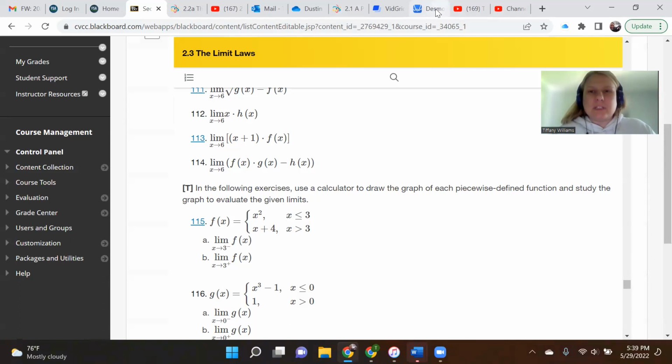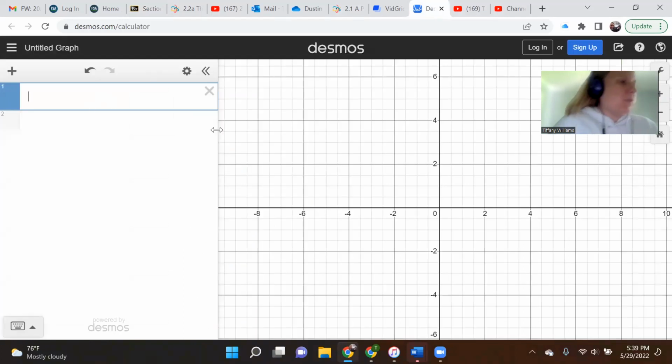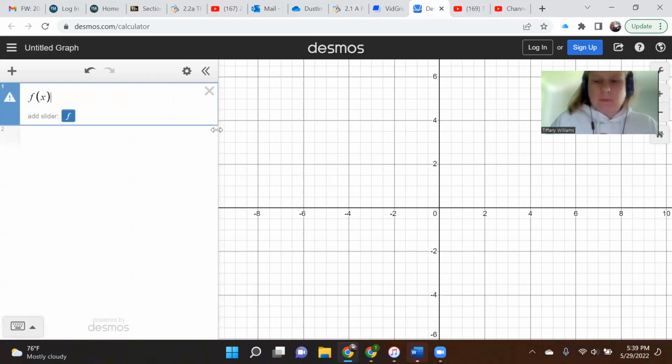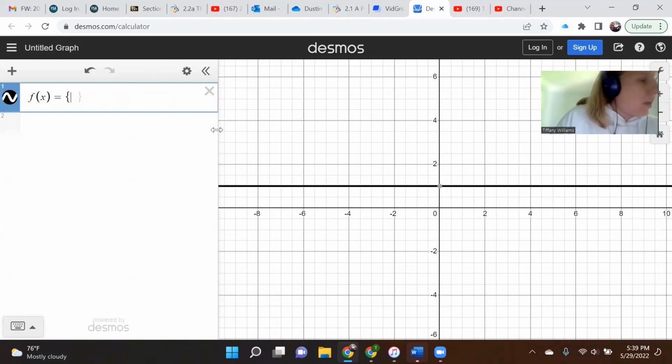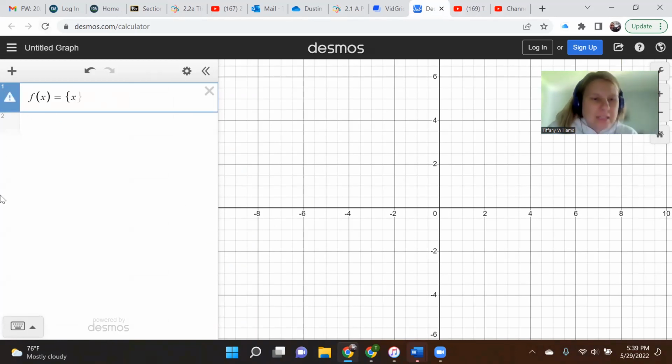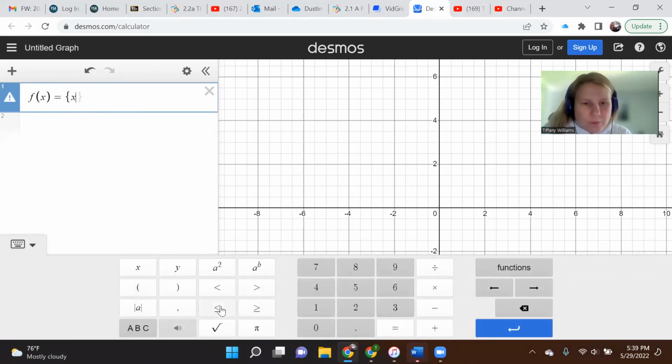So to type this in on Desmos, and there's a couple different ways to go about it, I'm going to do it this way. I'm going to let f of x be equal to, then I'm going to do some braces here. x, and then I need a less than or equal to, and I believe there is a key function for that down here.